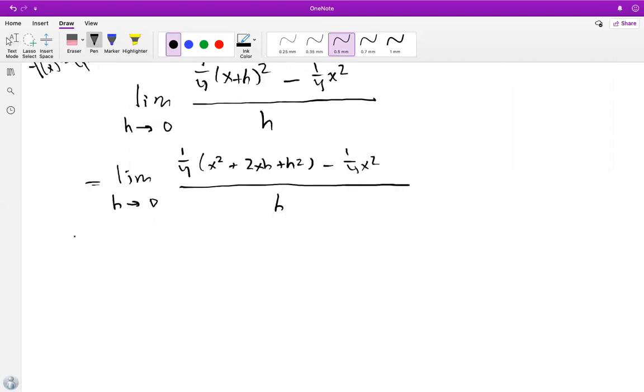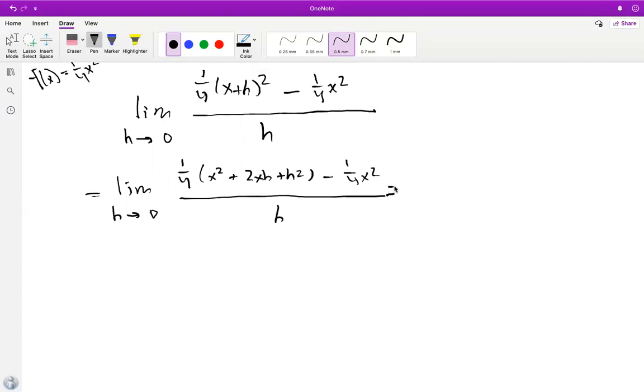Now I can do it. I can probably write it right here. So this is the limit as h approaches 0. 1/4 x squared plus 1/4 times 2xh is 1/2 xh. 1/4 times h squared is 1/4 h squared, minus 1/4 x squared, all over h.